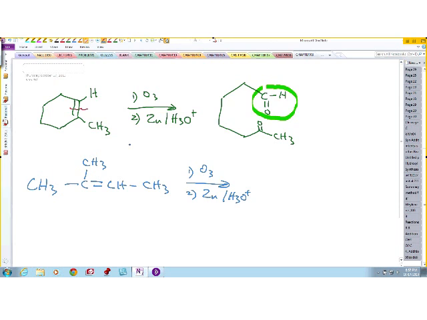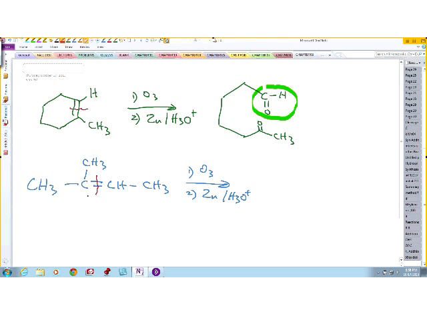How many products are we going to get? We cleave this right here. So how many products are we going to get? Two. Would they be ketones or aldehydes?